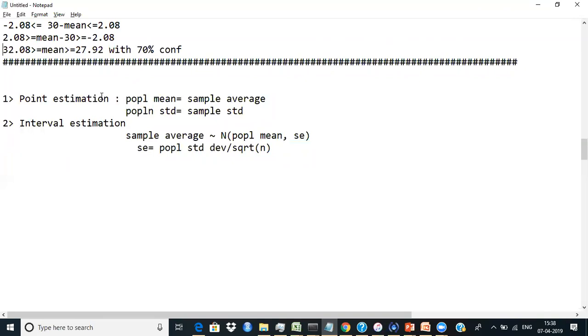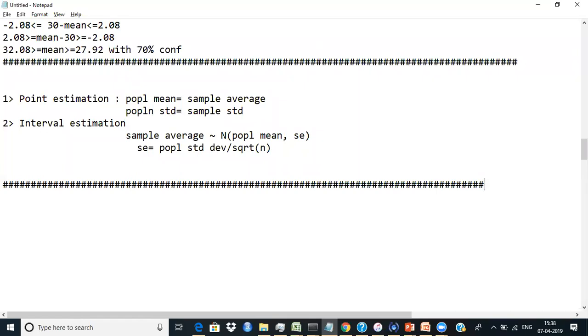And if you combine these 4 lines with the properties of normal distribution, you can get the interval estimates, right? Okay. Any question? Cool. So now we'll go for a break.